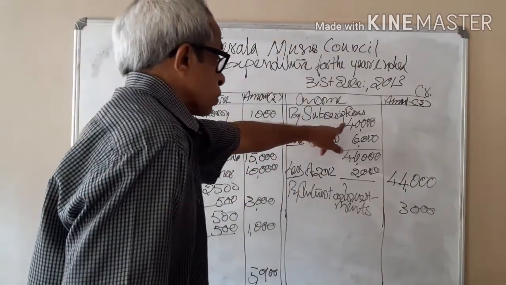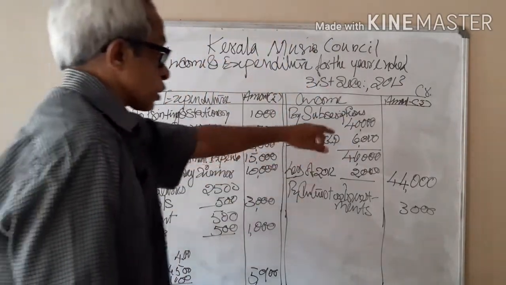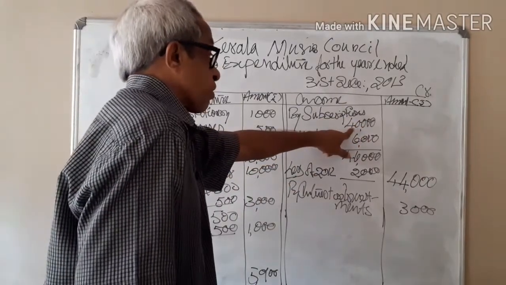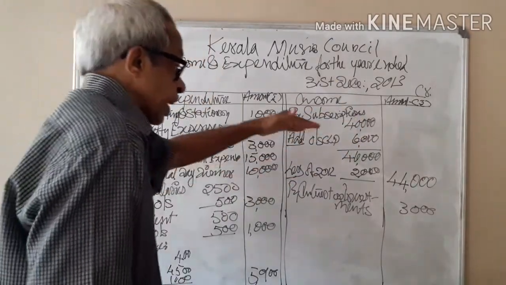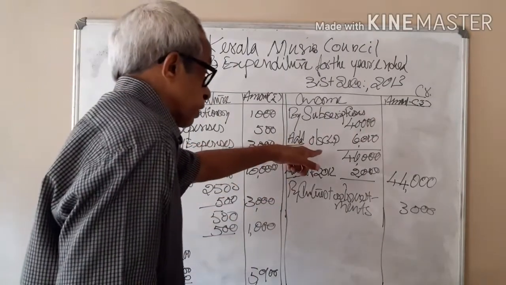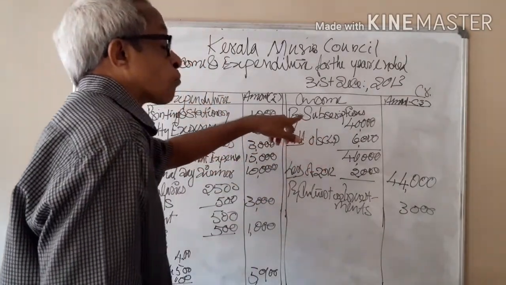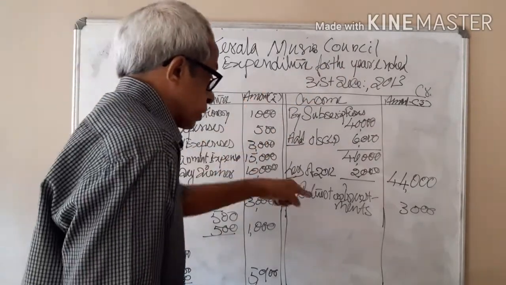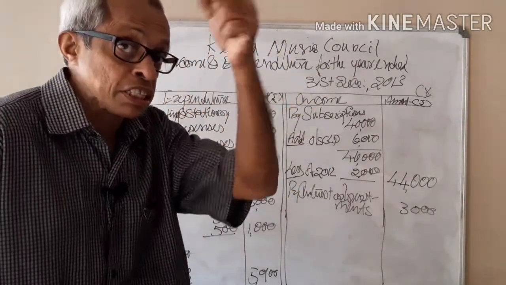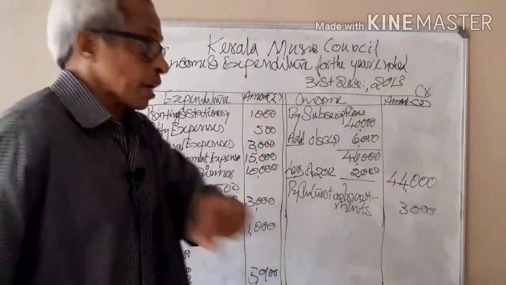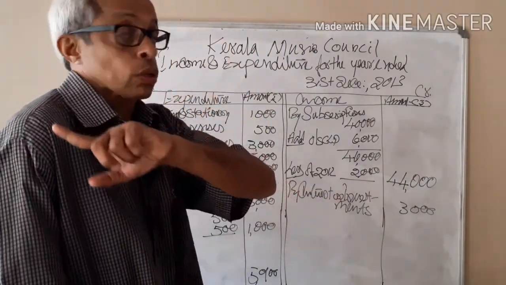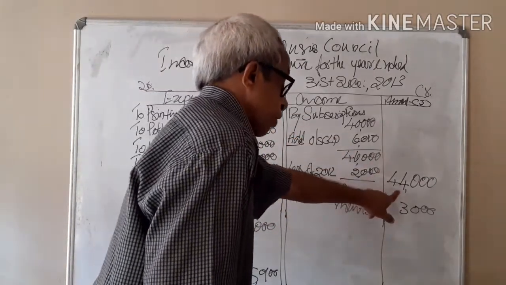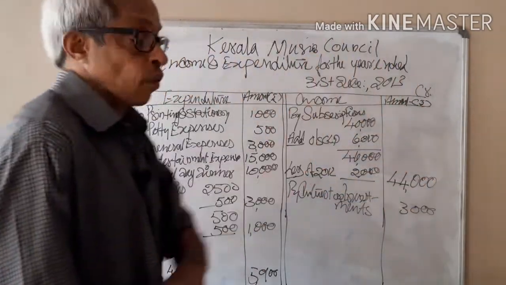Then we write subscriptions received during the year. This 40,000 is taken from the receipt side of the receipts and payments account. Then we add the adjustment figure, the closing outstanding subscription, that is 6,000. Then we deduct the subscription received during the year for the previous year, 2012, and the resultant figure is 44,000.